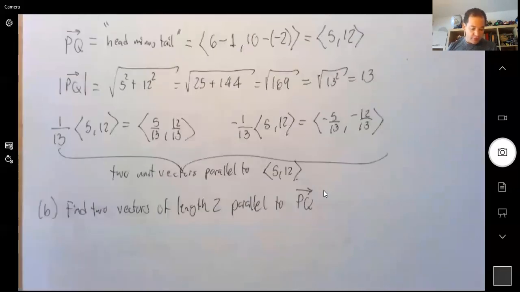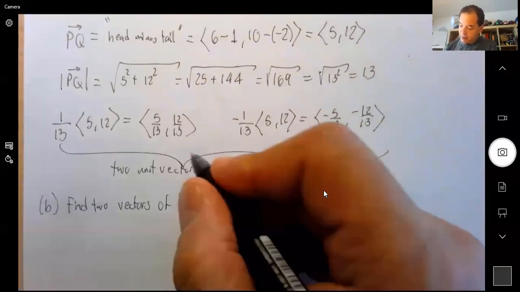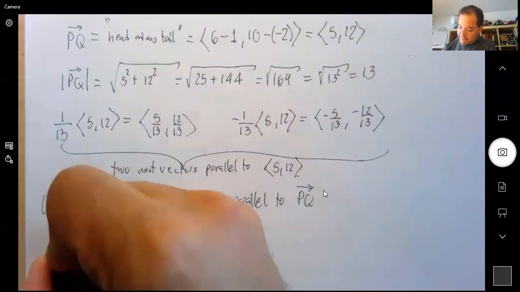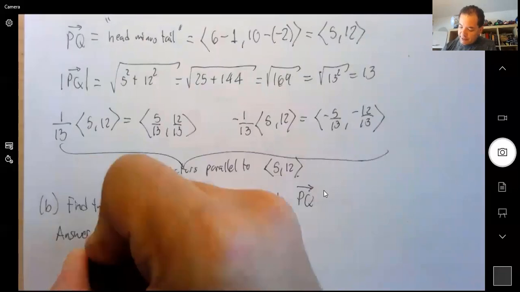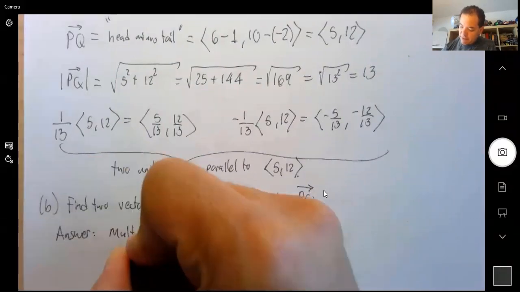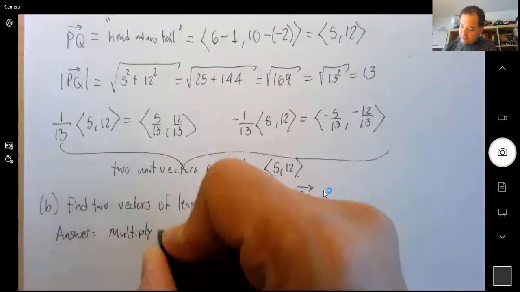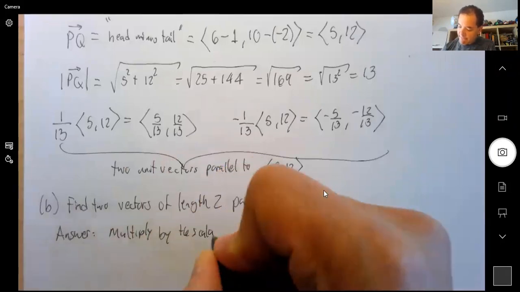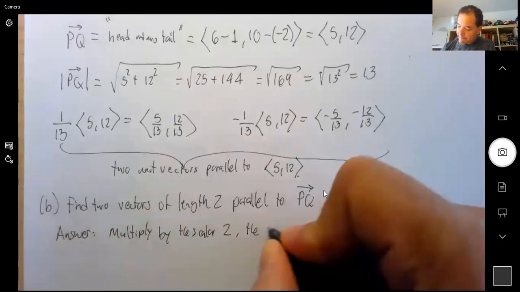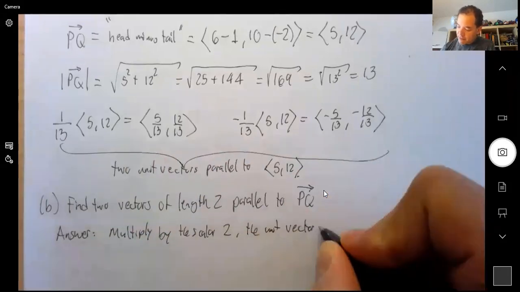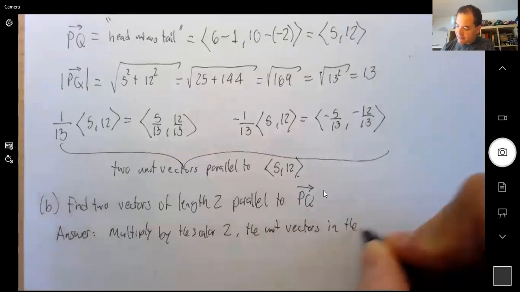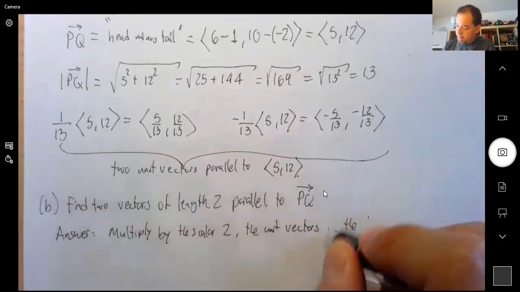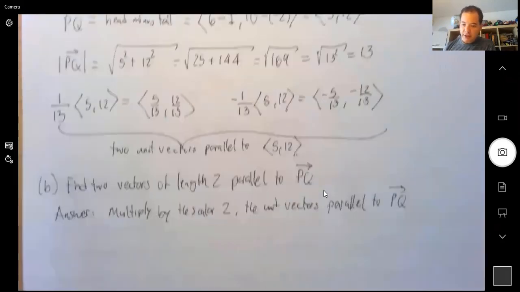So for example, here, we should multiply the unit vectors parallel to PQ by the scalar 2. So here the answer is simple.